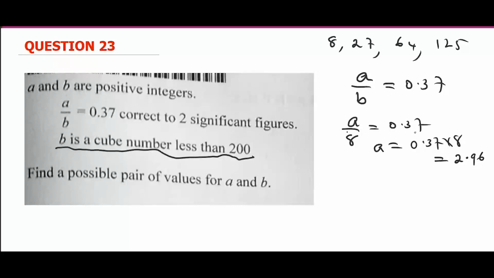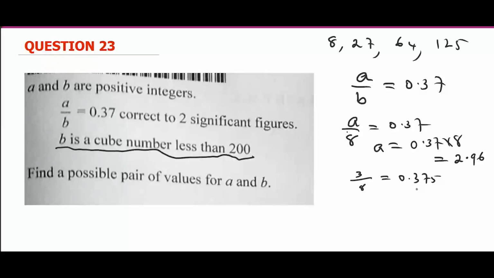So let's say we try to make it 3. Let A be 3. So if A is equal to 3, take your calculator again, divide 3 by 8, you get 0.375. So if you do A equals 3 and B equals 8, the answer will be 0.375.